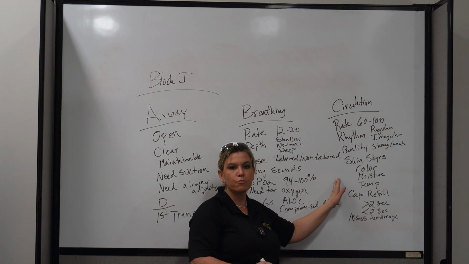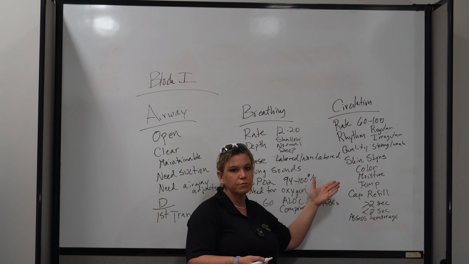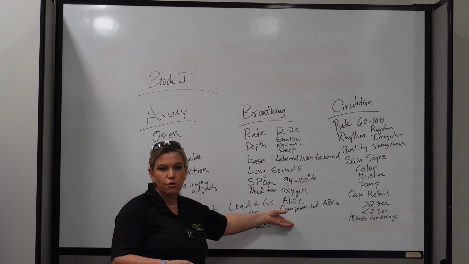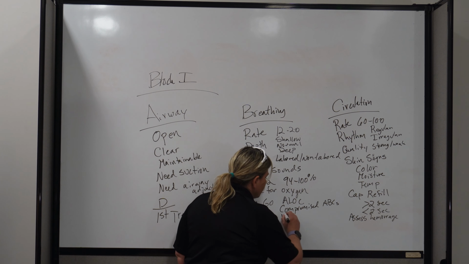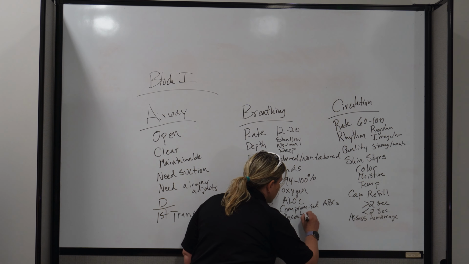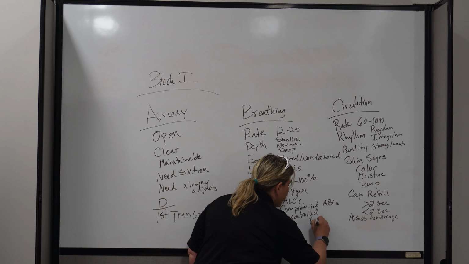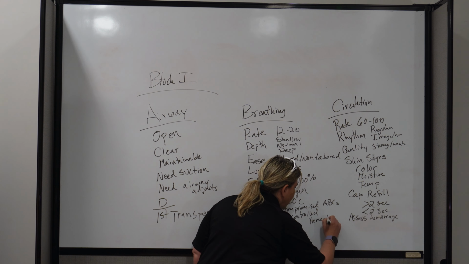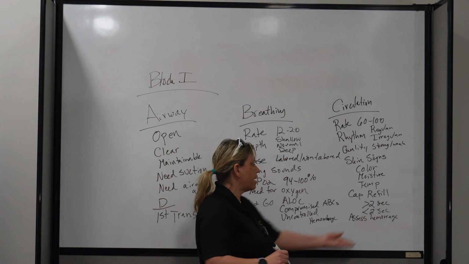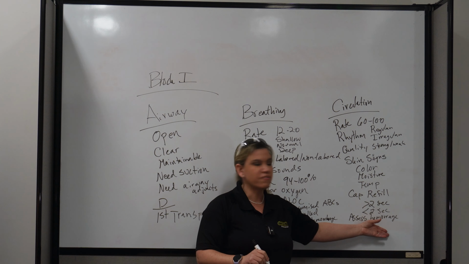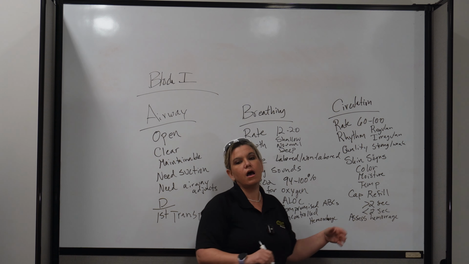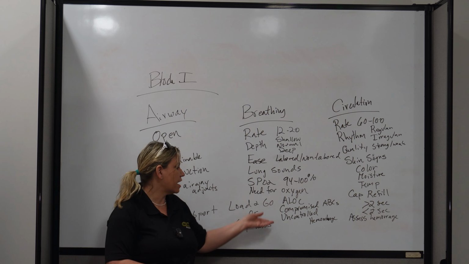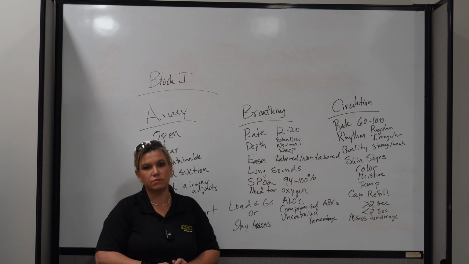Is there something that's not within the norm that I'm a little concerned about? Then that would be considered a load and go patient. And the last one would be uncontrolled hemorrhage. So when I looked at my life threats from the beginning, or I looked at assessing my hemorrhage here, if I noticed that I had hemorrhage, then I would go ahead and decide I need a load and go and transport this patient.